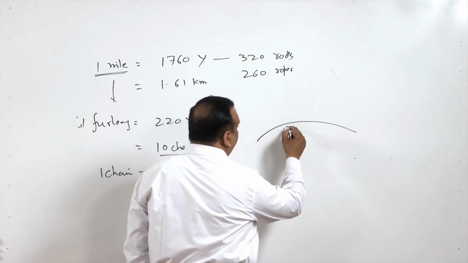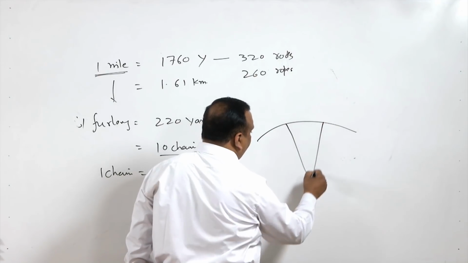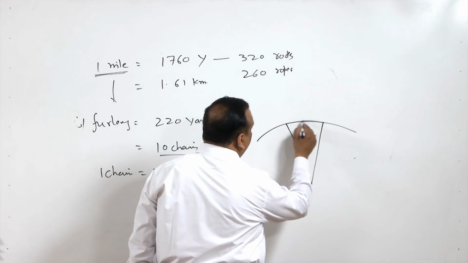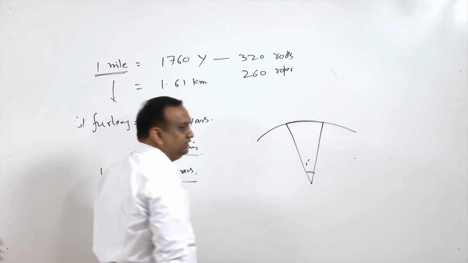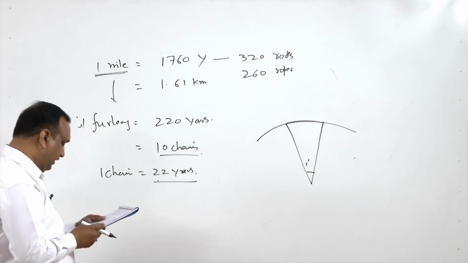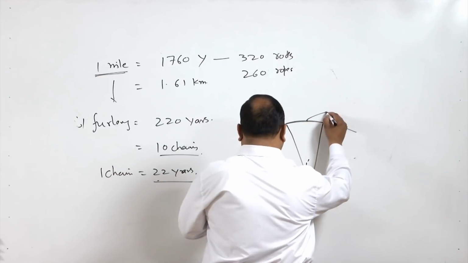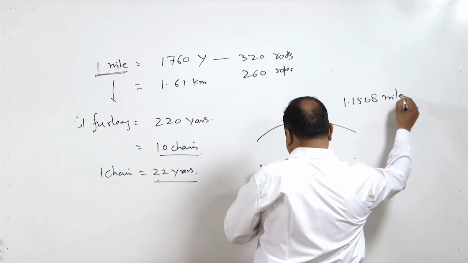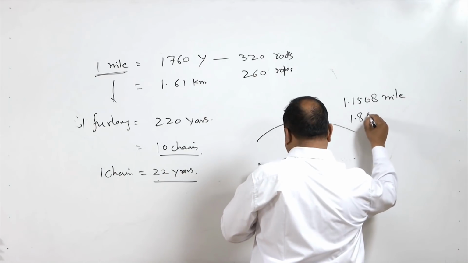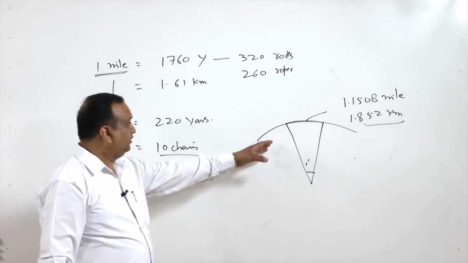So the distance travelled on a latitude for 1 minute angle at the center of the earth is 1 nautical mile, and 1 nautical mile is equal to 1.1508 mile or 1.852 kilometer. So that is the distance of a nautical mile.